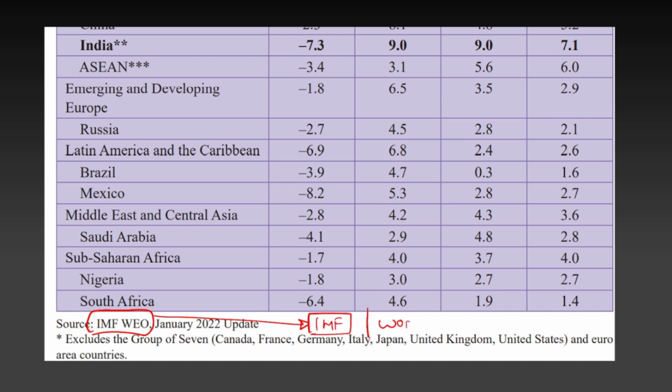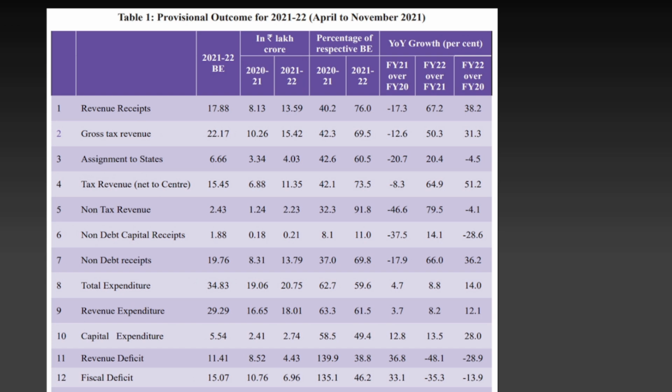UPSC, I think, has already asked whether it was released by World Bank or IMF, so you should know. World Economic Outlook is IMF. And what we are going to see next is the budget.